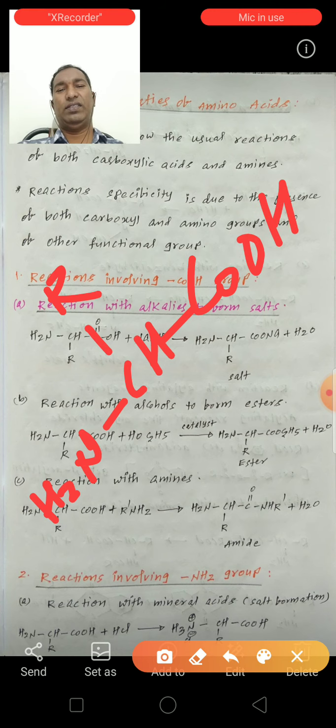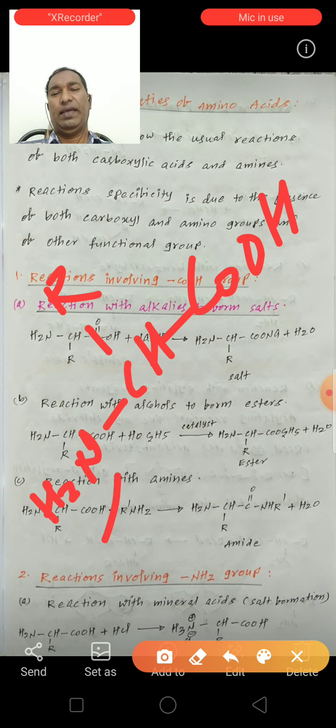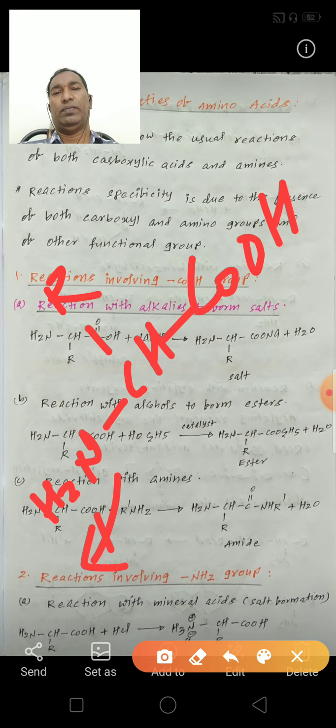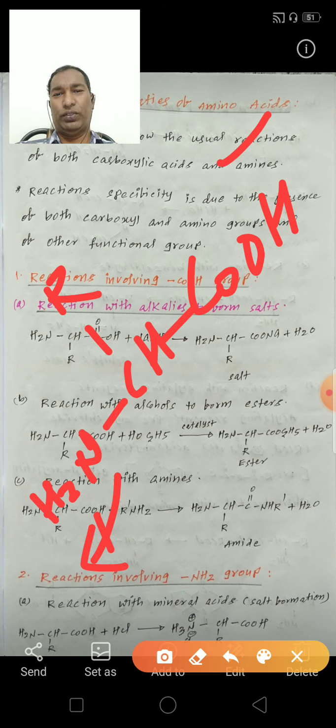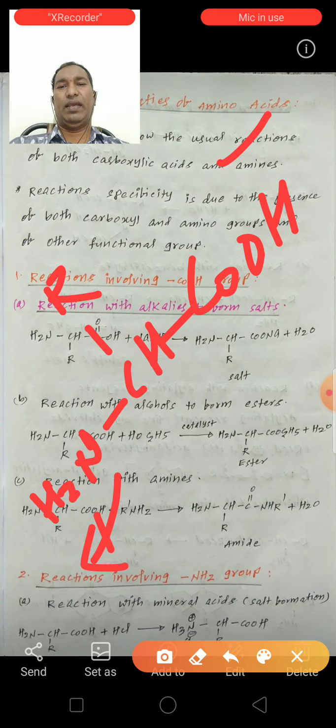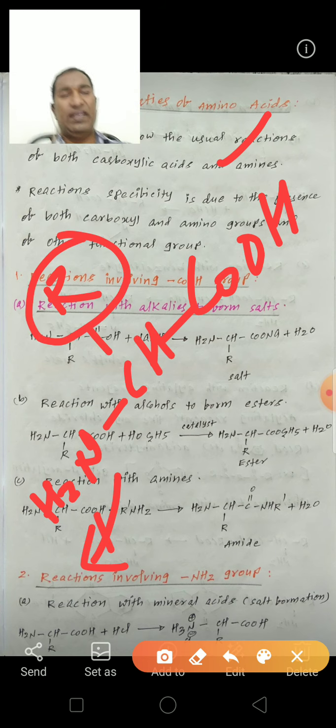So this is the alpha amino acid. The amino acids show the chemical properties of the amine functional group, the COOH functional group reactions, both carboxylic and amino functional group reactions, and the other functional group, that means the side chain reactions.